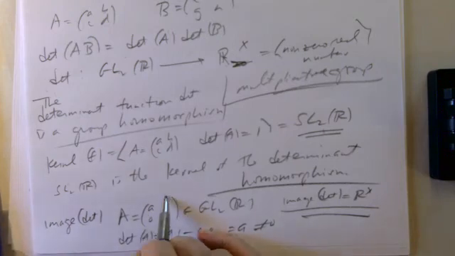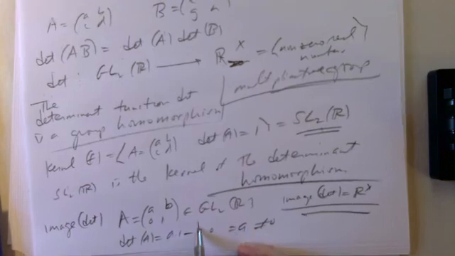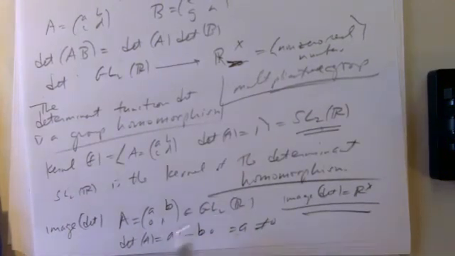In fact, if I made this (A, B, 0, 1) for any B, this determinant would still be A times 1 minus B times 0, which is A. So there are infinitely many matrices with a fixed determinant.